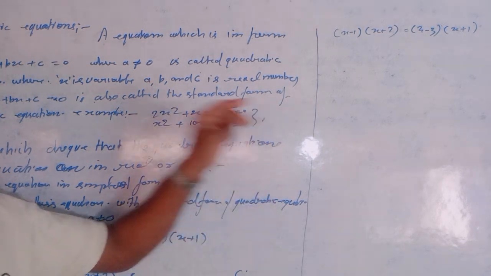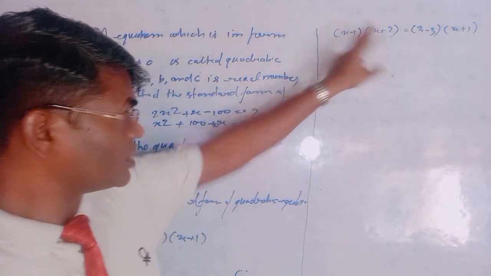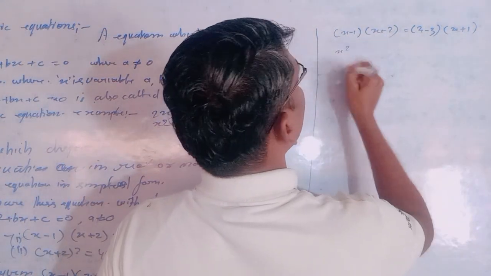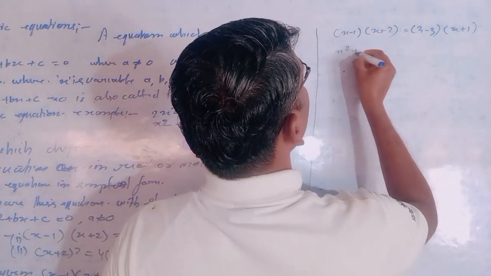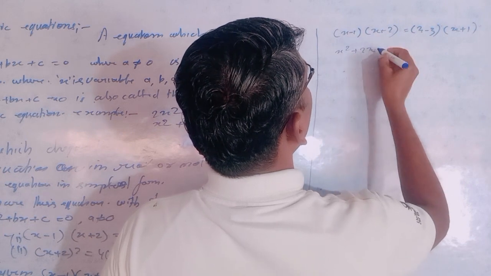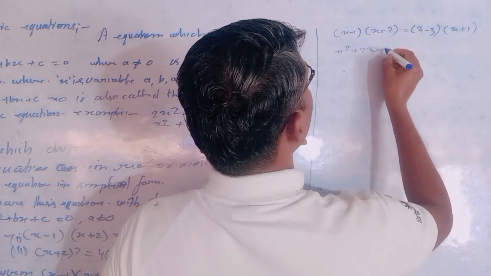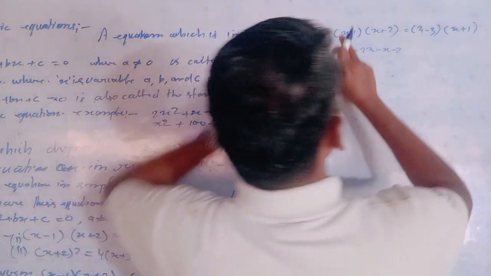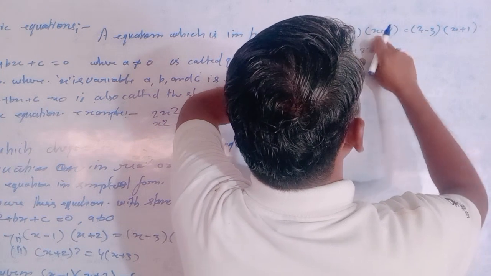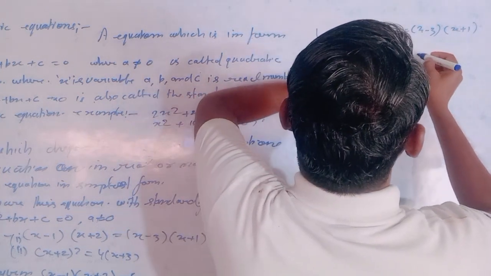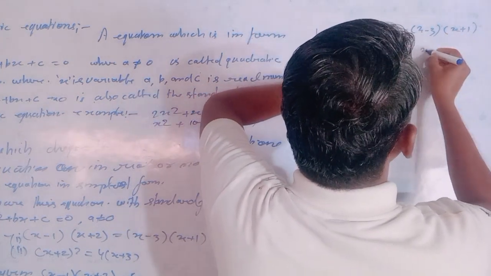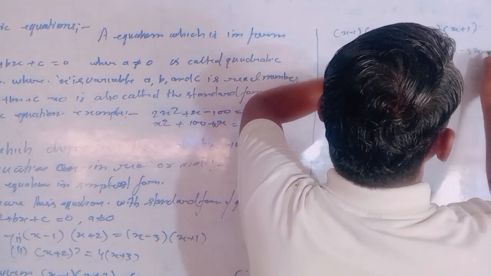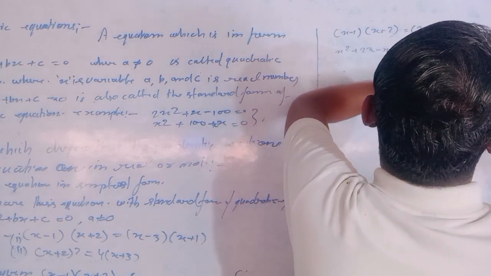If we multiply both sides, it becomes x square plus 2x minus x minus 2 is equal to x square plus x minus 3x minus 3.